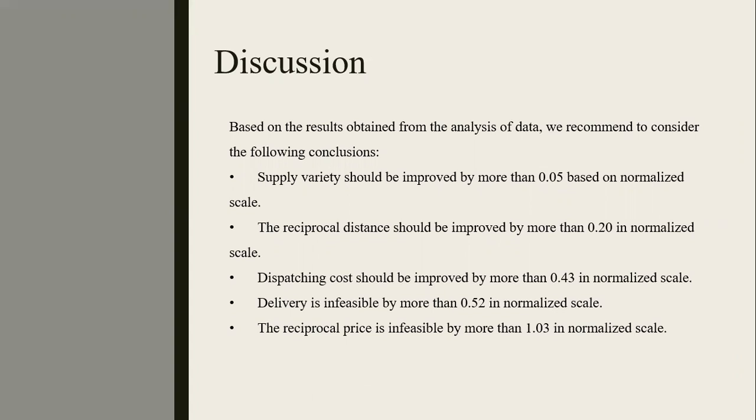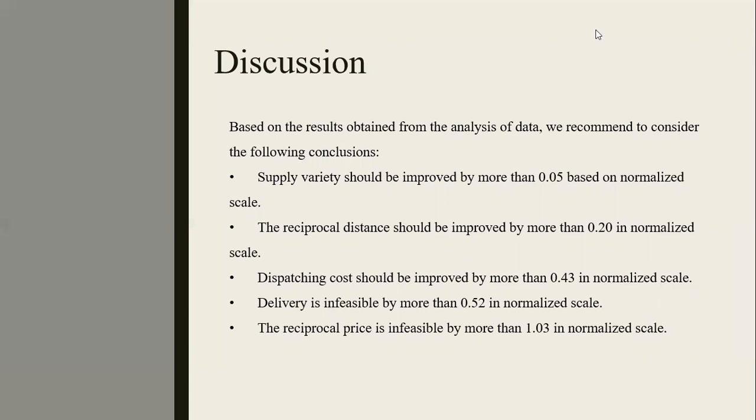Discussion. Based on the results obtained from the analysis of data, we recommend considering the following. Supply variety should be improved by more than 5%, and the reciprocal distance should be improved by more than 20% in normalized scale.